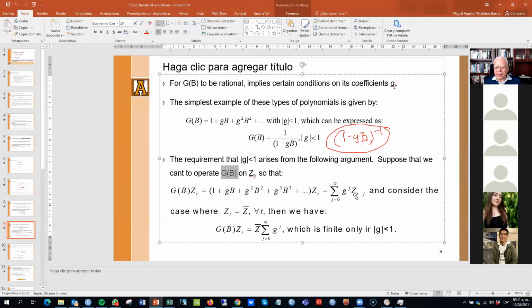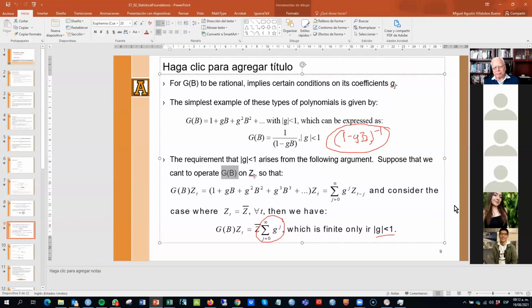And if we are dealing with a series that has a constant mean for every t, then G(B) applied to Z_t will be this mean, Z bar, times the sum of the G to the power j. And this sum will only be finite if the absolute value of G is less than 1.